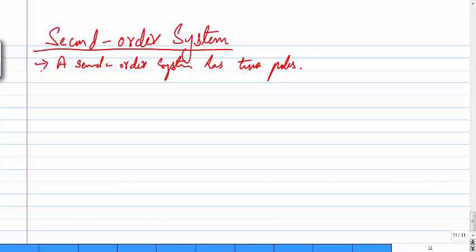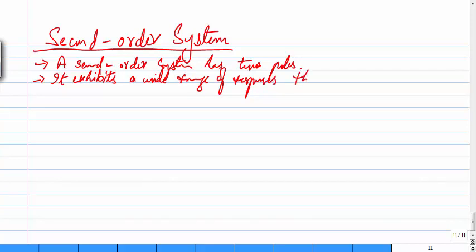This is one thing, and second is it exhibits a wide range of responses that must be analyzed and described.